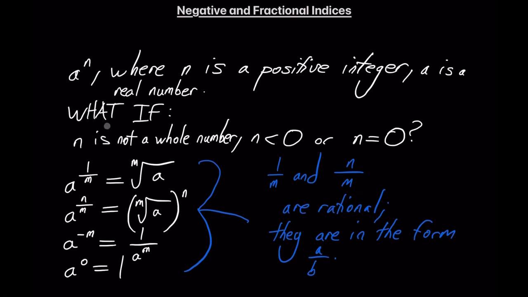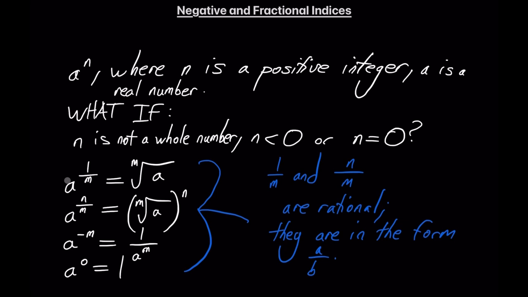But what if n is not a whole number, or n is less than zero? And lastly, what if n is equal to zero? These different cases are illustrated here.